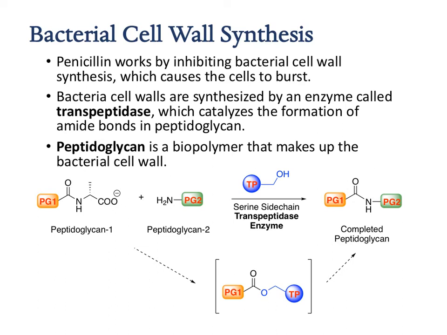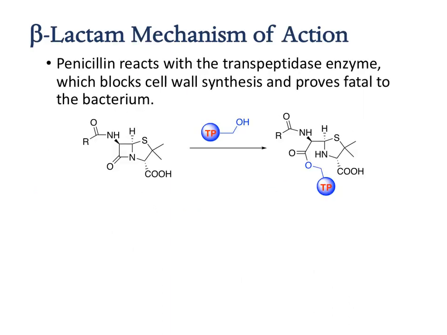It's a biopolymer that makes up the bacterial cell wall, and you need this enzyme in order to synthesize that. The way that penicillin works, it reacts with this transpeptidase enzyme, and if that enzyme is not present, it shuts down the bacterial cell wall synthesis and proves fatal to the bacteria.